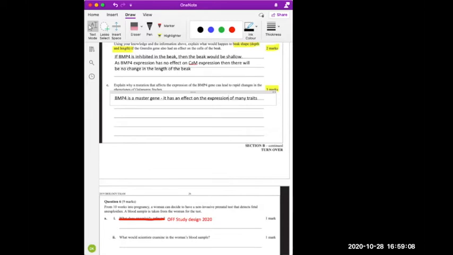So when the expression of BMP4 is altered, that also results in the altering of phenotypes, a multiple range of phenotypes.